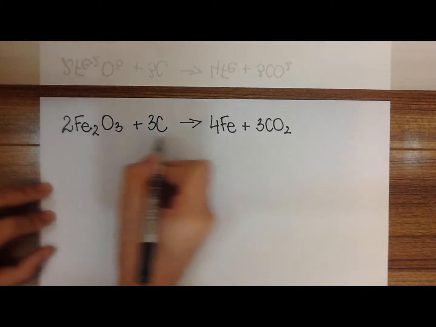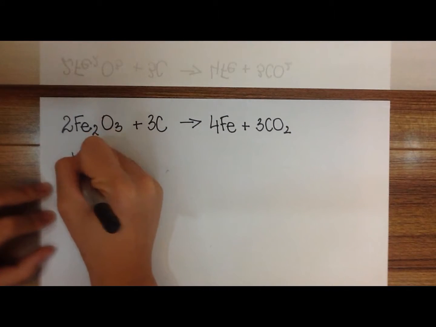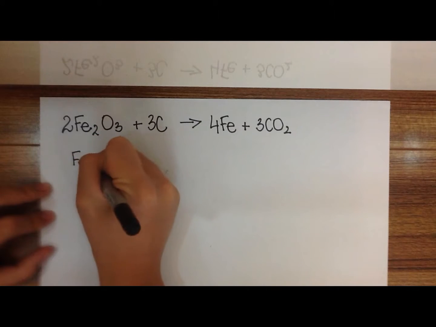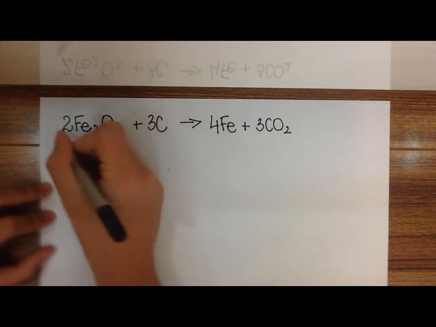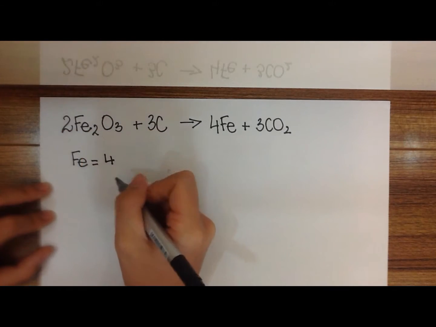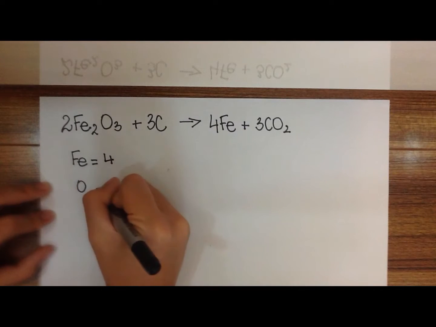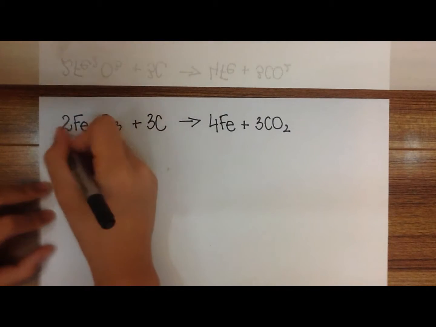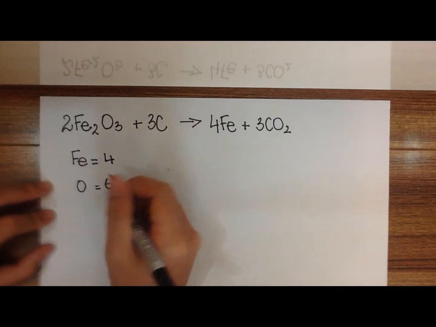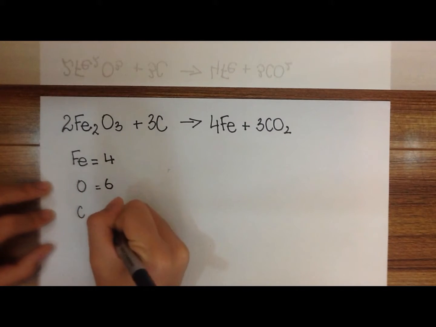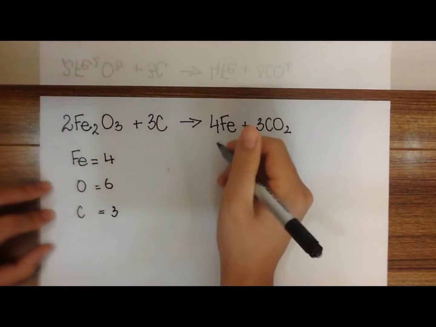So this side we have 4 Fe, because 2 times 2 is 4, and then we have 6O because 2 times 3 is 6, and then we have 3C for this side.